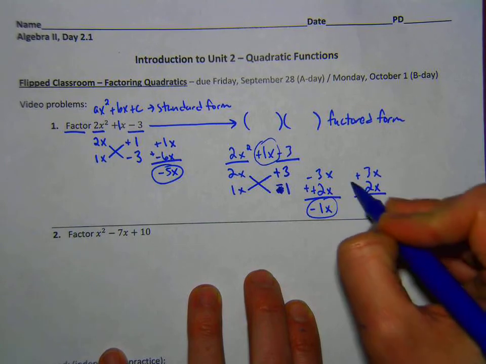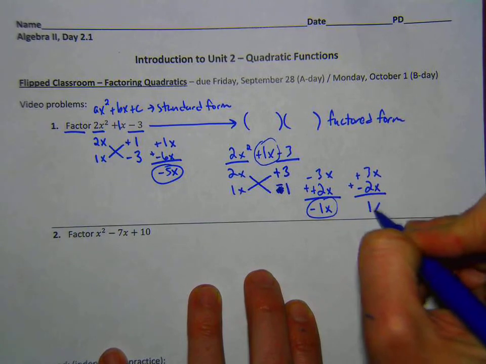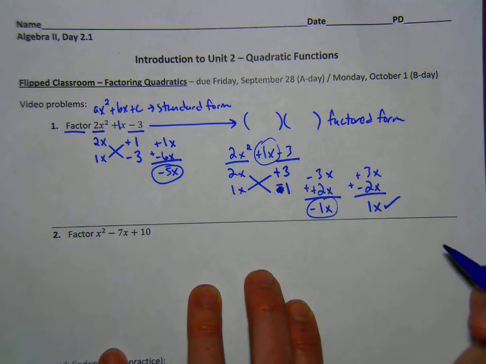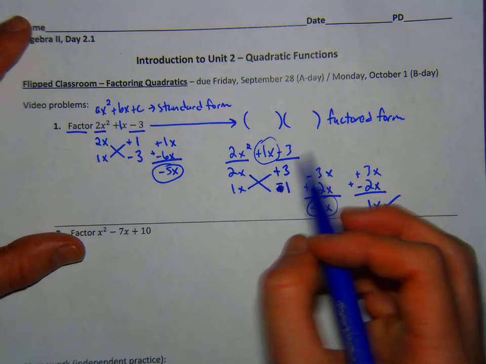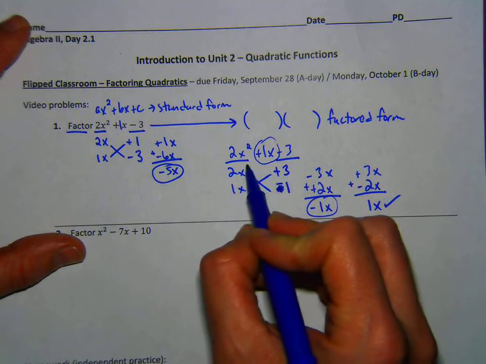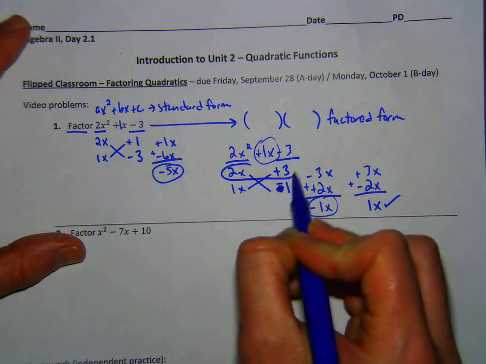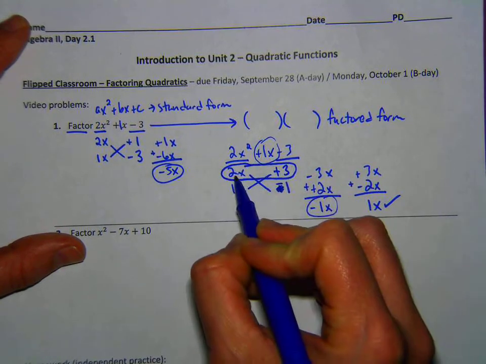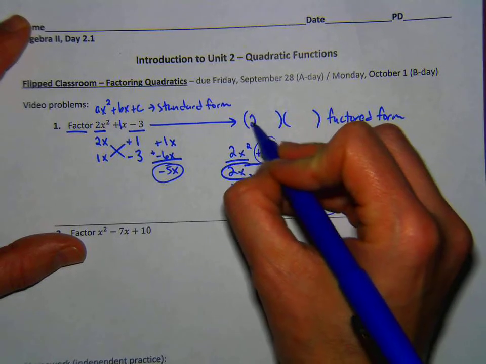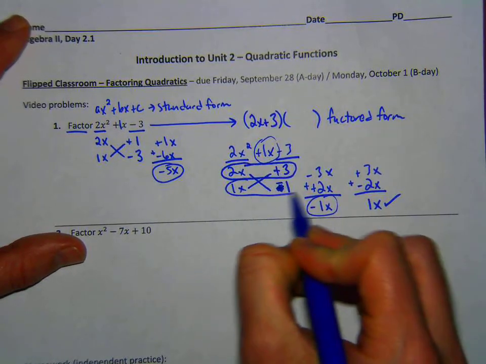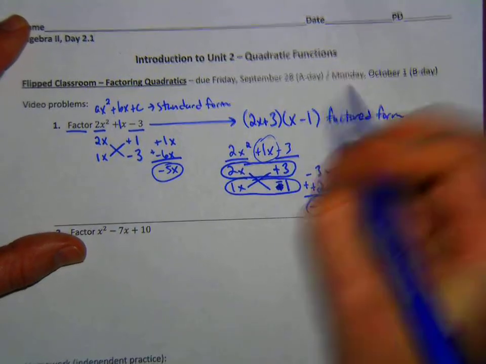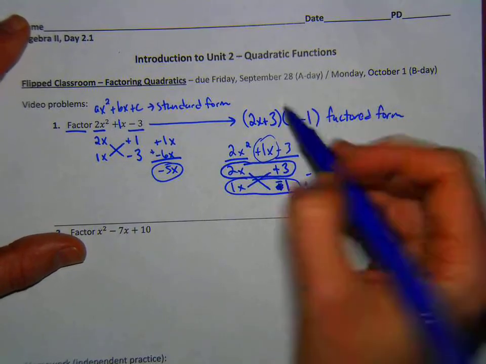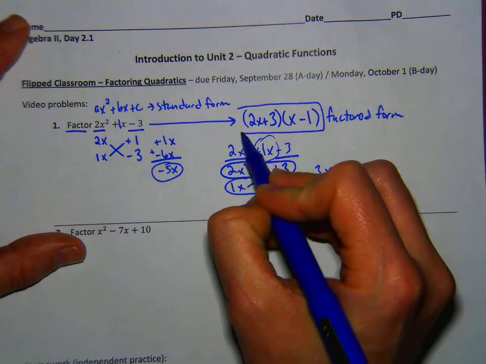When I add these 2 together, now I get a positive 1x, and that's what I wanted. The reason why we're doing this is because this is going to give us our factors. Our factors come from going straight across like this: 2x plus 3 is one of my factors, and 1x minus 1, so that's really just x minus 1, is another factor. And this right here is your factored form.